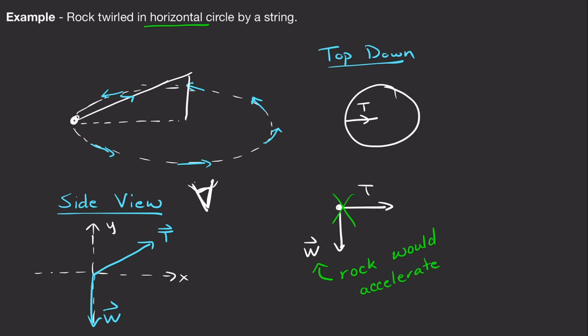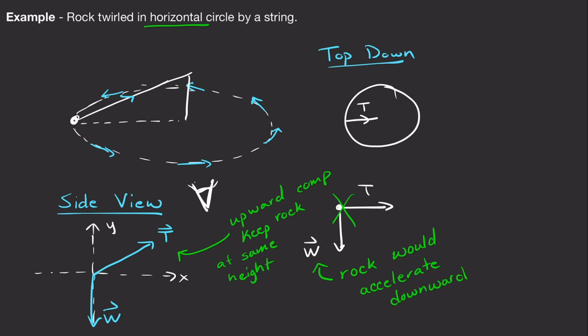Eventually you would hit the ground and it would stop. So if you want to keep it going in a horizontal circle, you have to apply some upward component in your tension to keep the rock from falling, so to keep the rock at the same height.